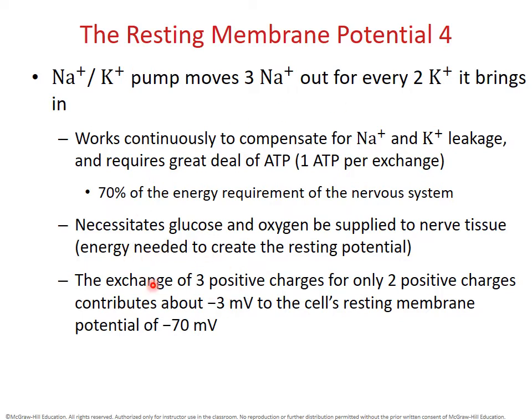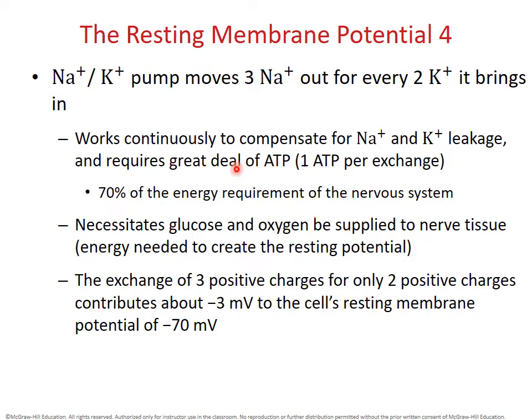Overall, that imbalance in the sodium-potassium pump contributes about 3 millivolts worth of the resting membrane potential of minus 70 millivolts. So it does contribute, but probably more importantly than its contribution to the overall value, because of the constant action of the sodium-potassium pump, it's very important in maintaining the membrane potential at minus 70 and keeping it from drifting one way or the other.